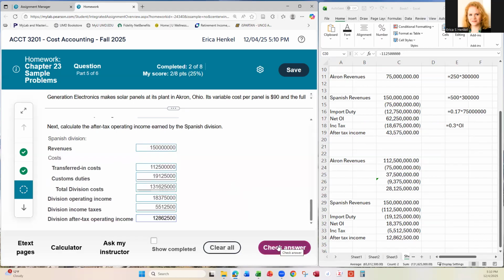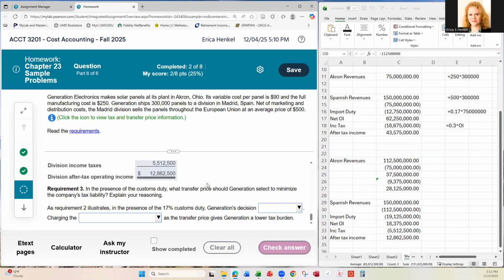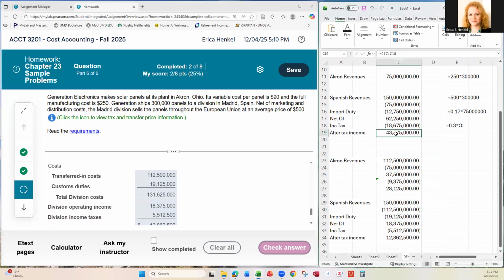Okay, so let's look at this. When we did this before, this is the amount of income that we had. Now we're going to have this income and this after-tax income.